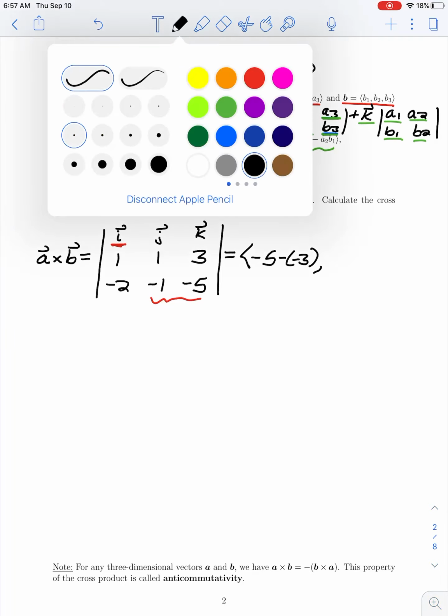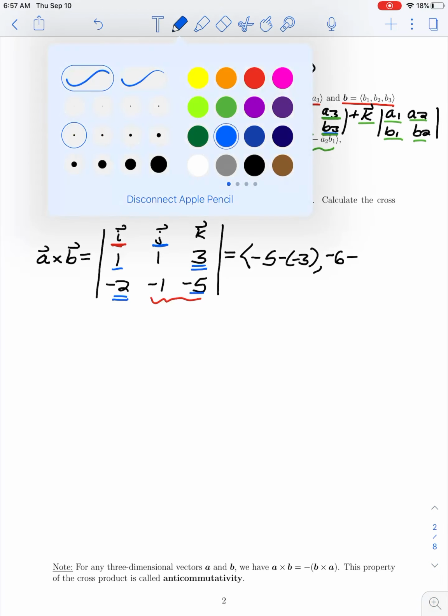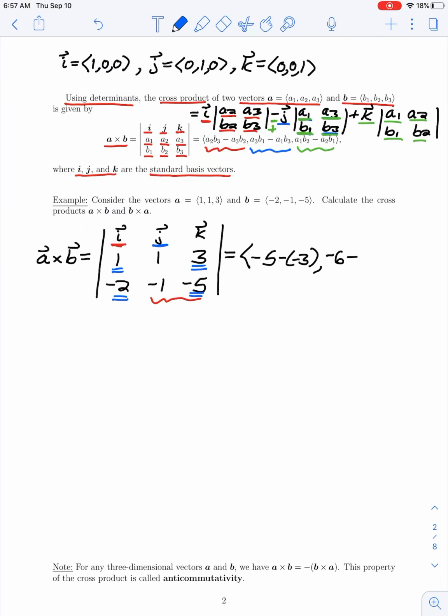Then our j component, either we can take the negative of the product of these diagonal entries minus these off diagonals, or I can think about my j component as being the product of these off diagonal entries, -6, minus the product of the diagonal entries of that 2 by 2 submatrix, 1 times -5.